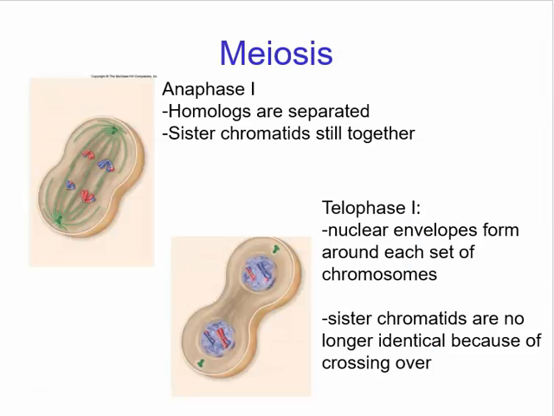So anaphase 1, homologs separate, sister chromatids still together, and then telophase, the nuclear envelope reforms around the chromosomes. And the other important thing to remember here is those sister chromatids aren't identical anymore because that genetic crossing over has occurred.